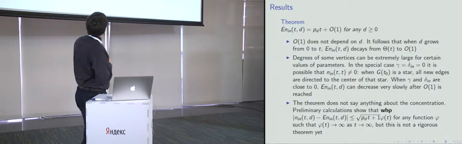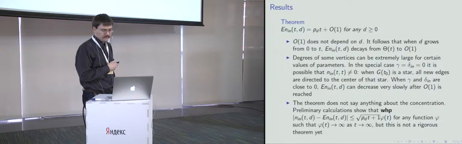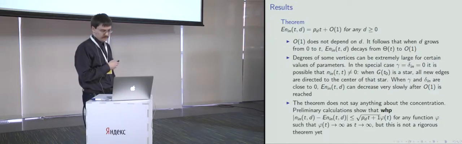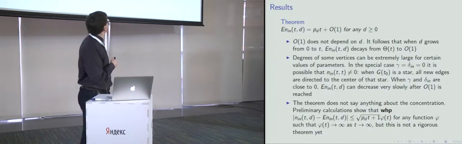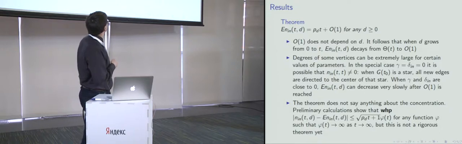And this is true for any degree, not only those bounded by some power of t, but of course when d grows, this decays from some constant multiplied by t to O at 1.